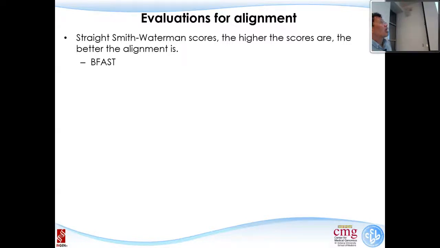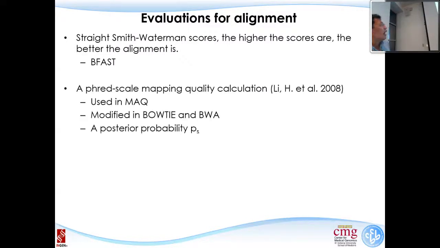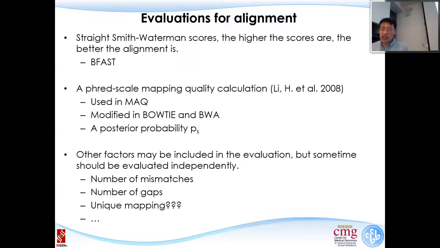Some people, when they evaluate alignment, will use straight Smith-Waterman scores, the dynamic programming Smith-Waterman, what the final scores are when you do the backtracking and things like that. So forget about that. There is also a Phred scale mapping quality calculation that is being offered, which I will go through in the next slide.